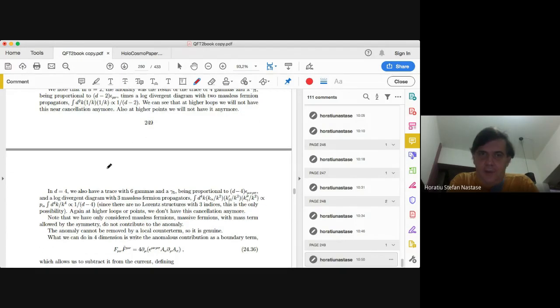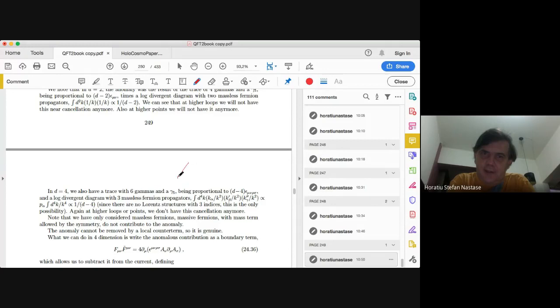Now, in d equal to 4, we will have a trace with 6 gammas and a gamma 5, which will be proportional to d minus 4 epsilon mu nu rho sigma. And then also a log divergent diagram with 3 massless propagators. So it's a triangle, right?